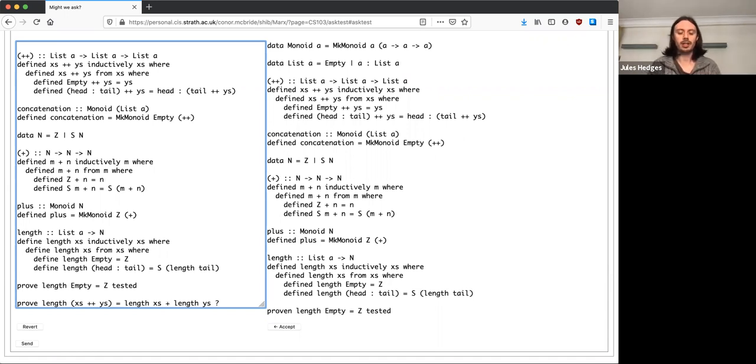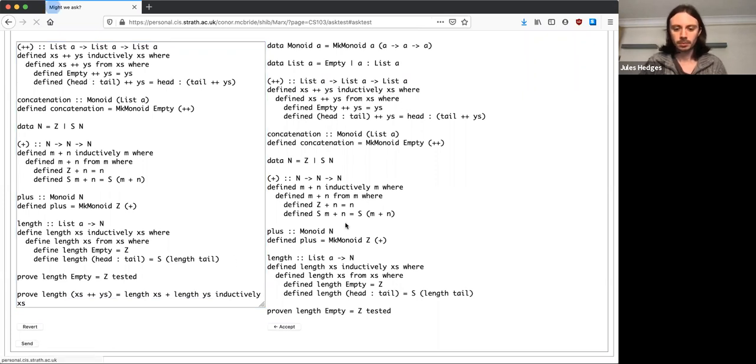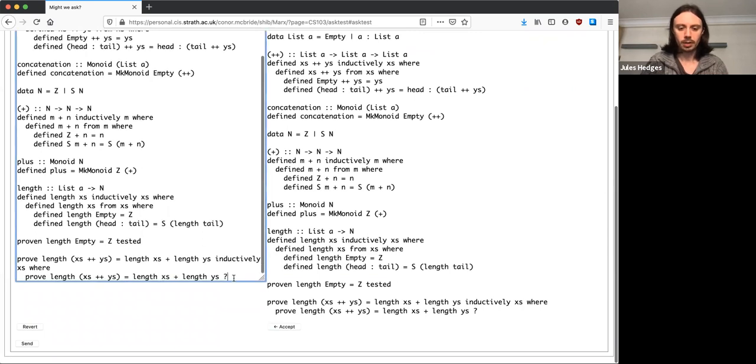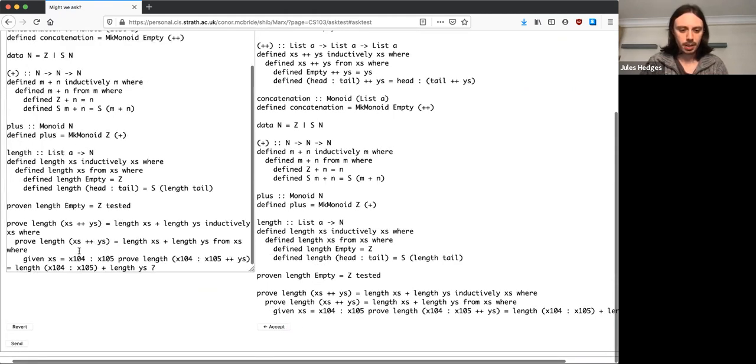So this says that the length of the concatenation of two lists is the sum of the individual lengths. And this is also a really true fact, and I can prove this. I have to do a little bit more to prove this, so I can prove this by induction on xs. And then from xs, simp handles the base case by itself.